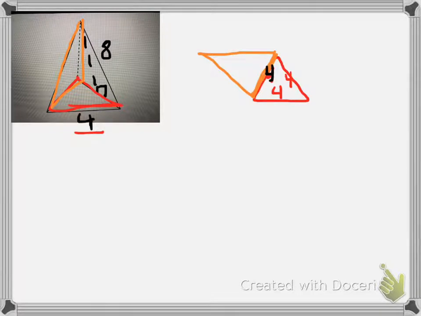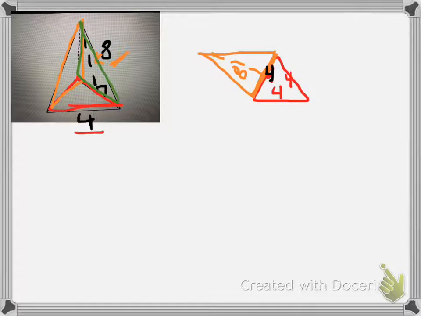And then we also need to label the height of the triangle. According to this over here, we've got an 8 as the height for this triangle. And because each of the 3 face triangles are equivalent to each other, we know that the height of this triangle is also 8.